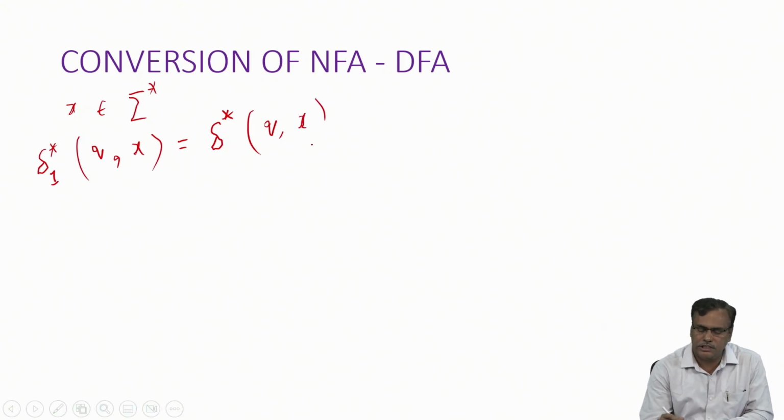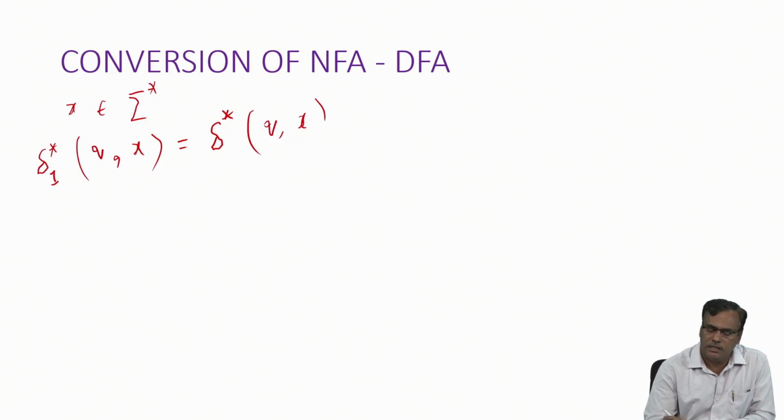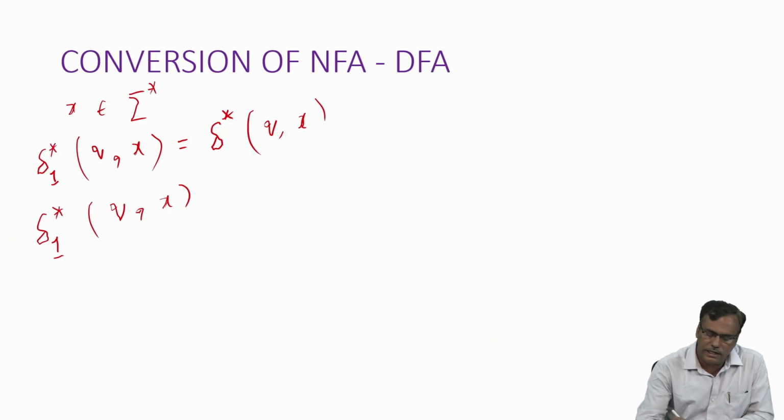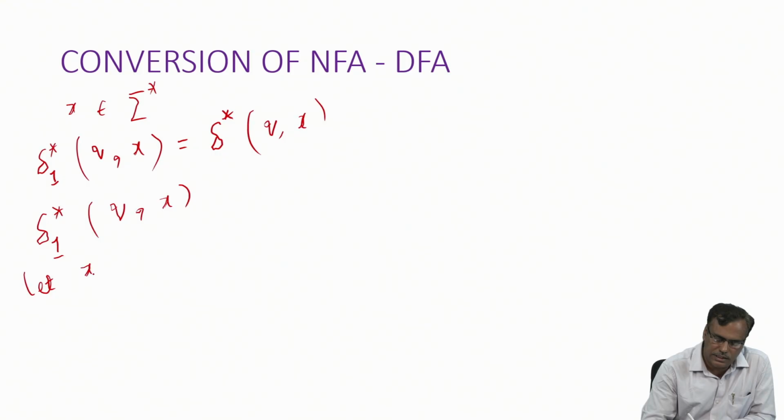Already with an example we have seen how to make the conversion, and we cross-checked whether they both accept the same language or not. Yes, we concluded that they both accept the same language. Now consider delta 1 star of q x. Let this x be epsilon.